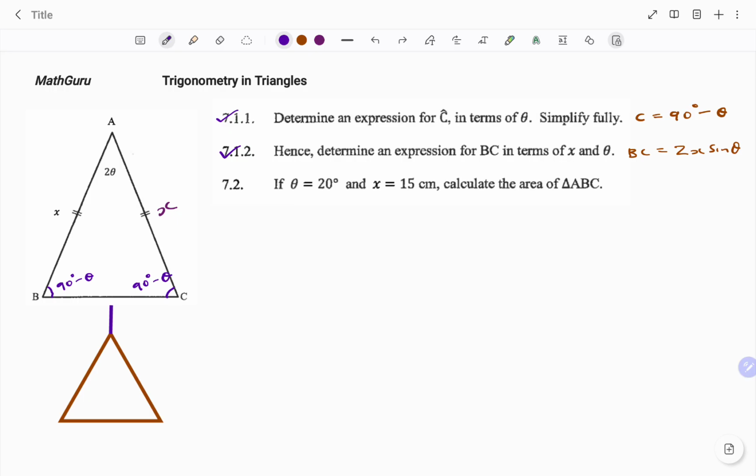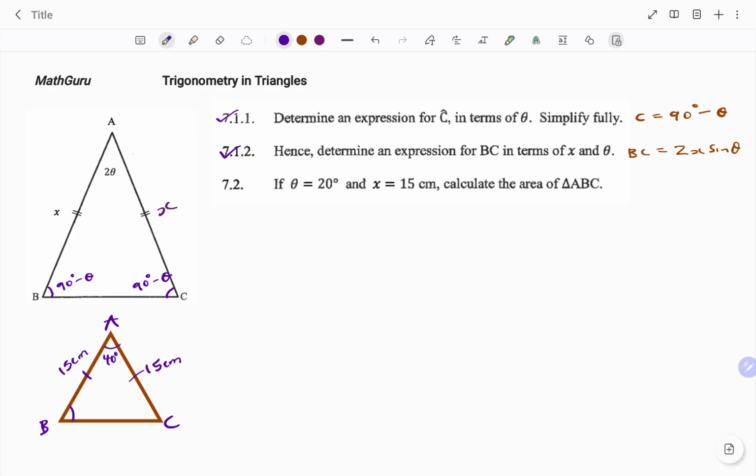That's ABC. So therefore, I have the side, I'm going to take out A, B, and C. My x is equal to this side, and that's 15 centimeters. And I've been told that theta is 20. So that will be, this is angle 40 degrees.